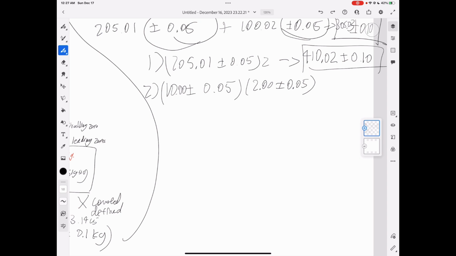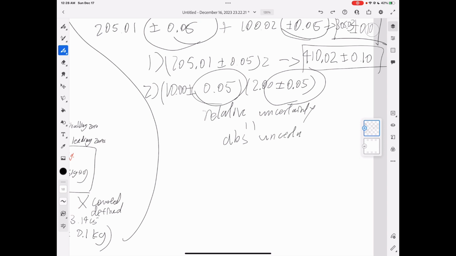So what we do here is we want to convert these, oh my bad, into percentage uncertainty, which is also called relative uncertainty. So relative uncertainty is equal to the absolute uncertainty over the measured value.